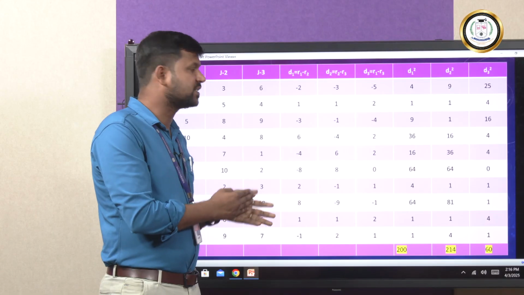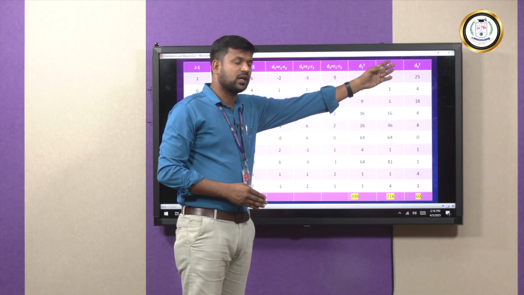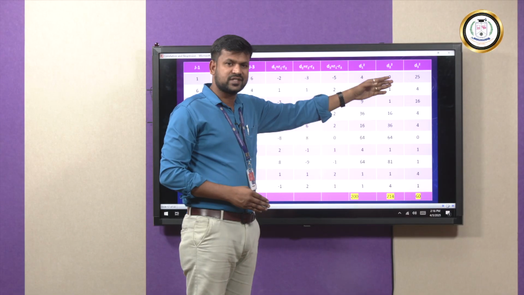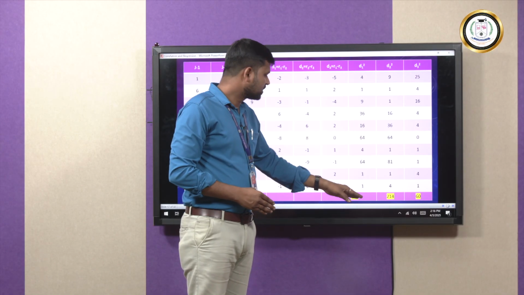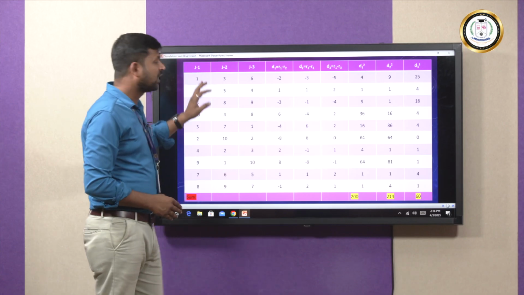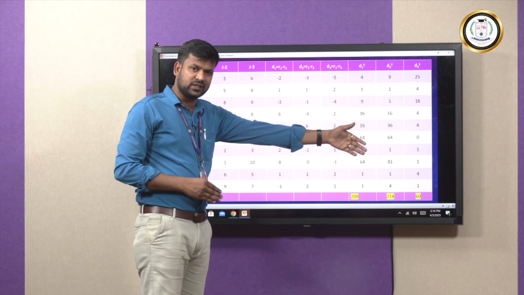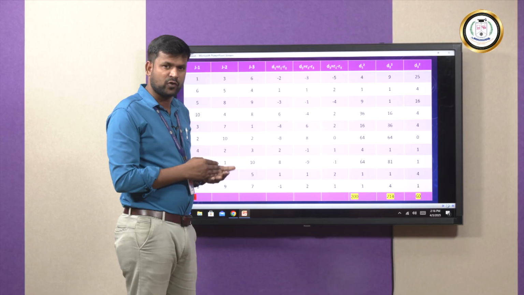Then square all these 3, D1 square, D2 square and D3 square. Take summation for all these 3, summation D1 square, summation D2 square and summation D3 square.